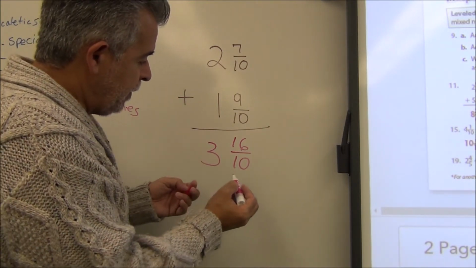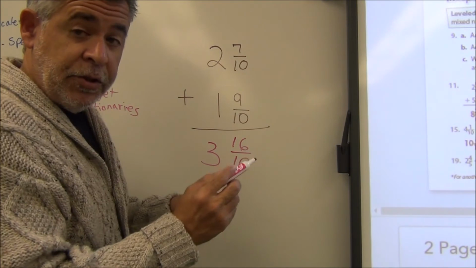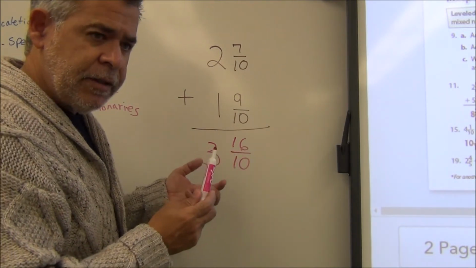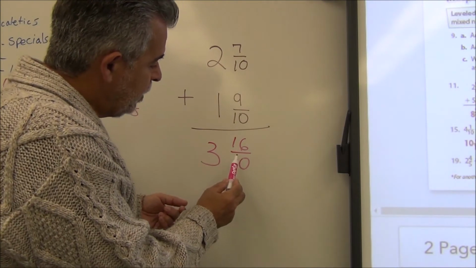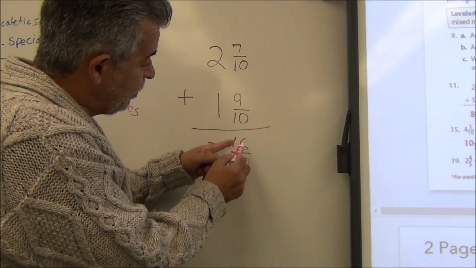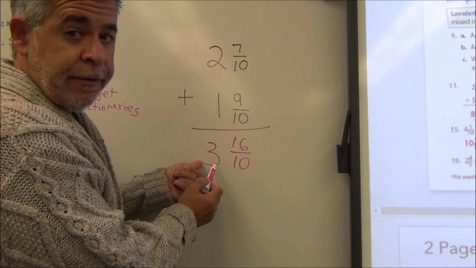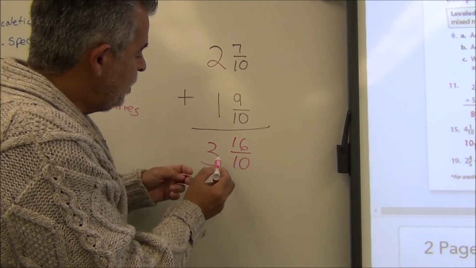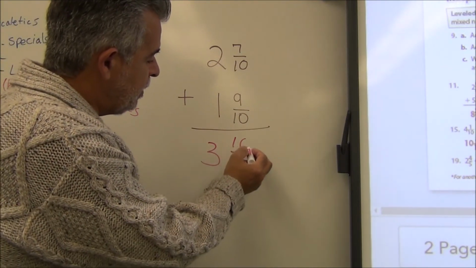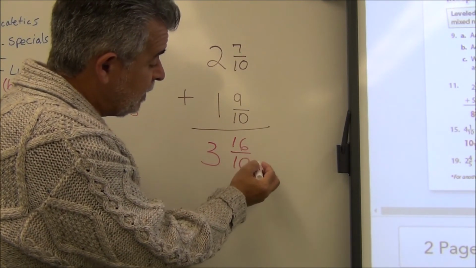So to fix this, as I showed you in a previous videotape how to adjust an improper fraction, I'm going to do the same thing, but I have to add the whole number I get from that to my whole number here. So let's just pretend for a second that the 3 is not there. I have 16/10.